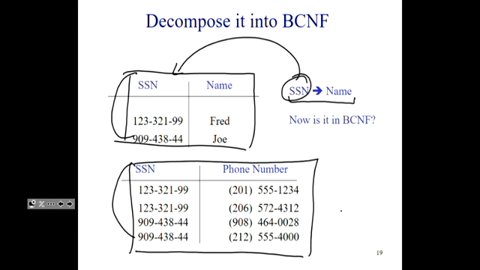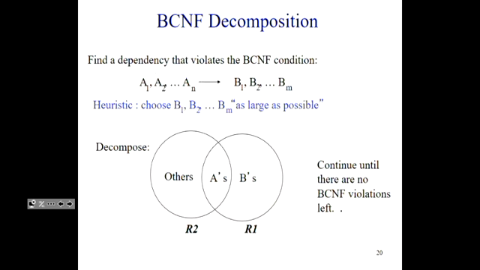Okay. So, let's walk through more examples to help you understand the concept. In transforming a schema that violates Boyce-Codd normal form to one that satisfies it, what you need to do is to decompose.